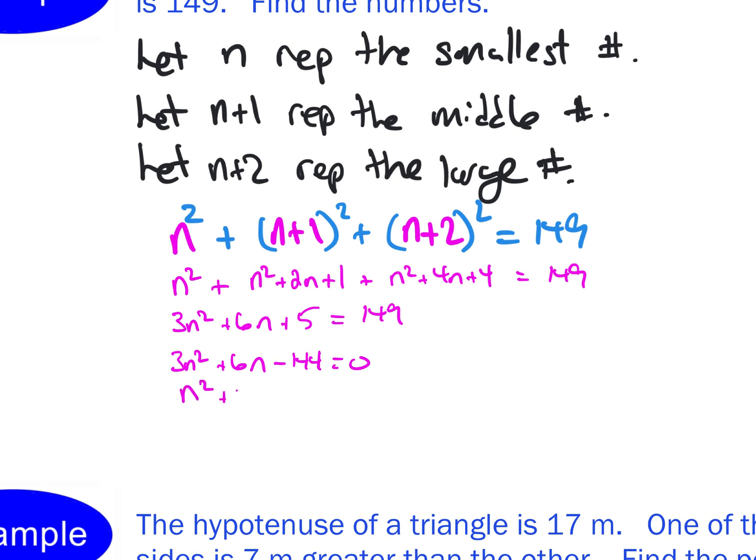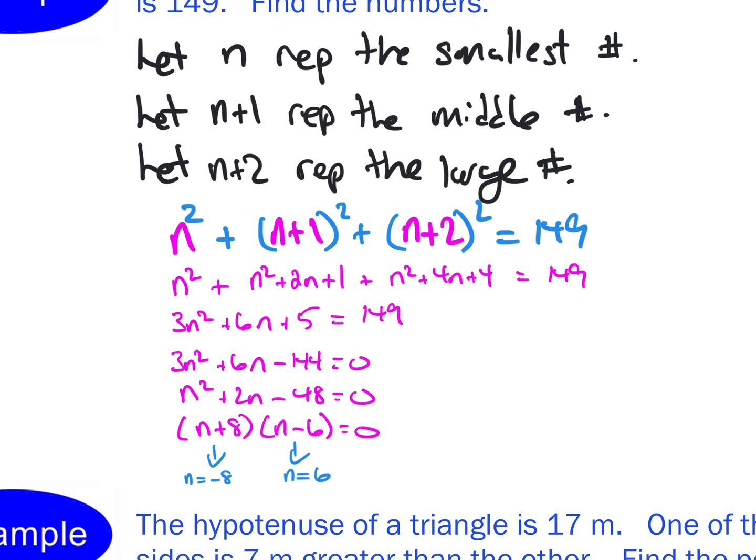So n squared plus 2n minus 48 equals 0. So that's going to give us n plus 8, n minus 6 equals 0, because we're looking for two numbers that multiply to negative 48 and add to 2. So it's 8 and negative 6. And from there, we are going to get n equals minus 8, n equals 6.